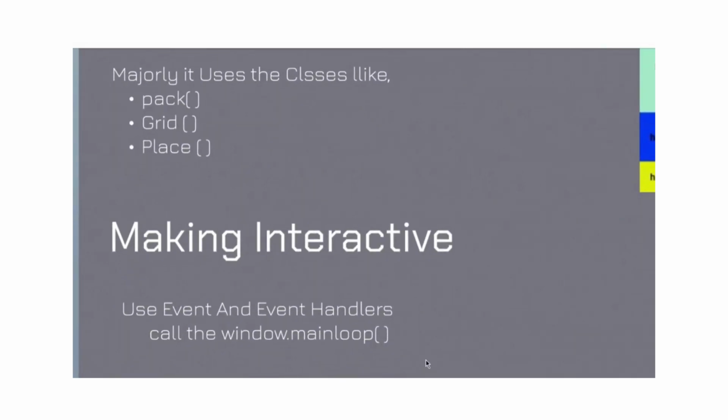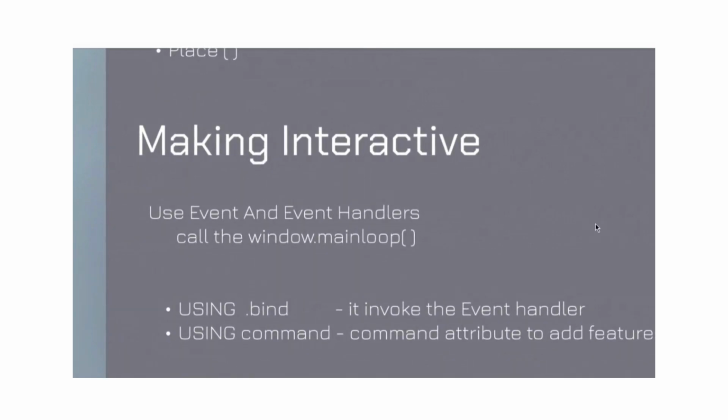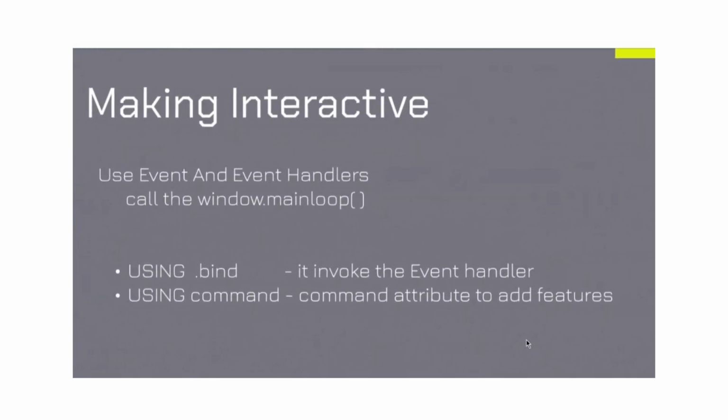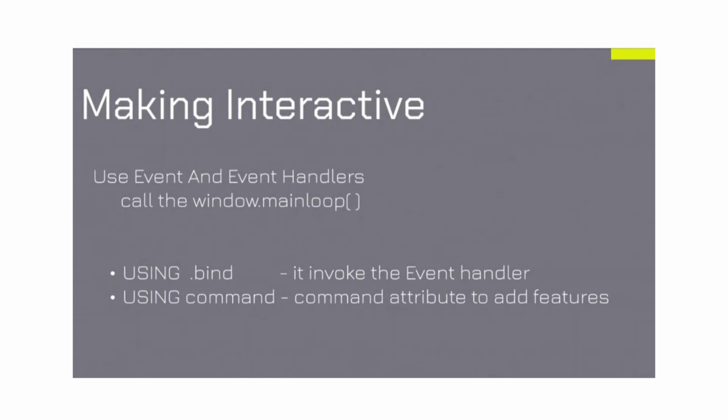Coming to making the application interactive. Using events and event handlers, you are able to make it interactive. To begin the event loop, you must call the window.mainloop built-in method in the program.